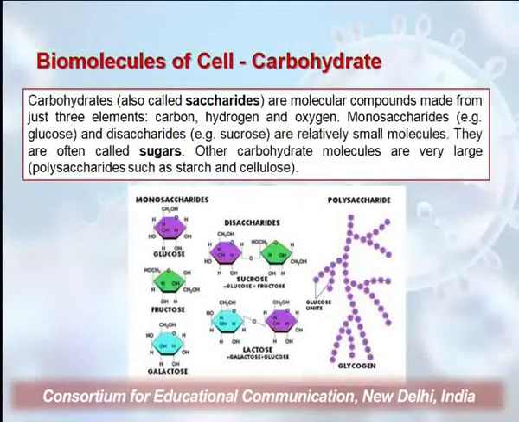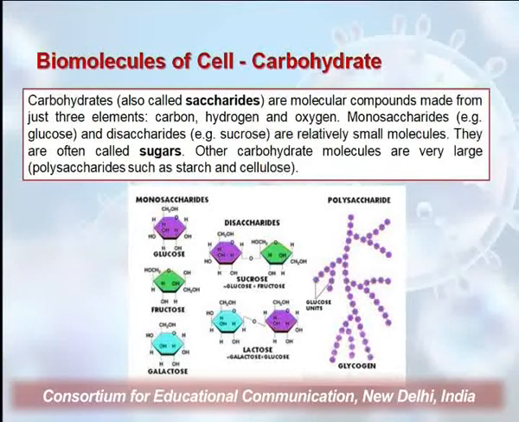Now, what comes next within the cells are the biomolecules. The major biomolecules present within the cells are basically carbohydrates, lipids and amino acids. Carbohydrates are many a time referred to as saccharides, which are molecular compounds made up of three elements: carbon, hydrogen and oxygen.